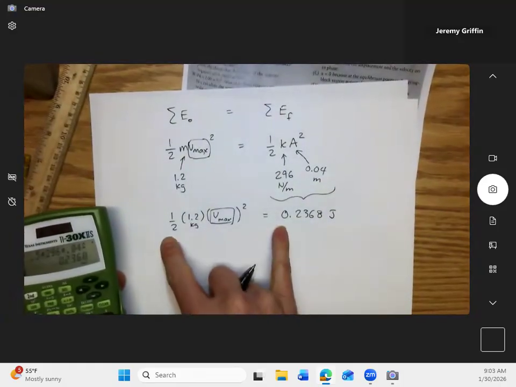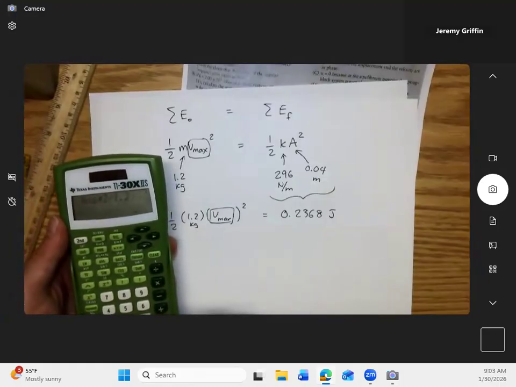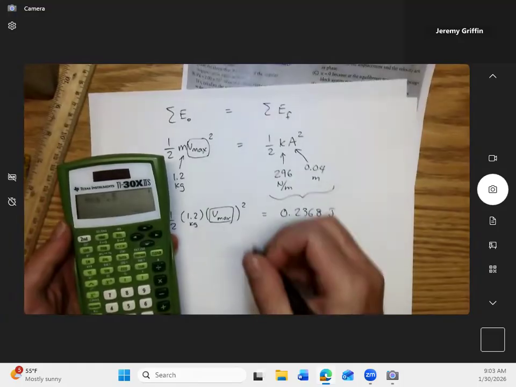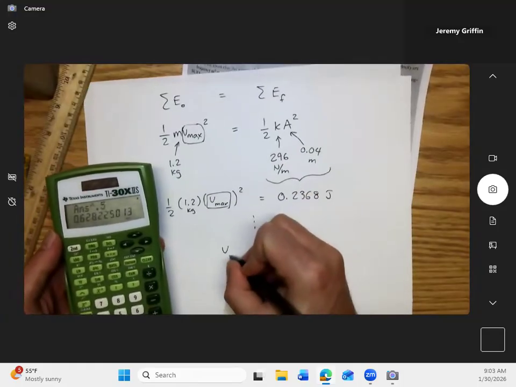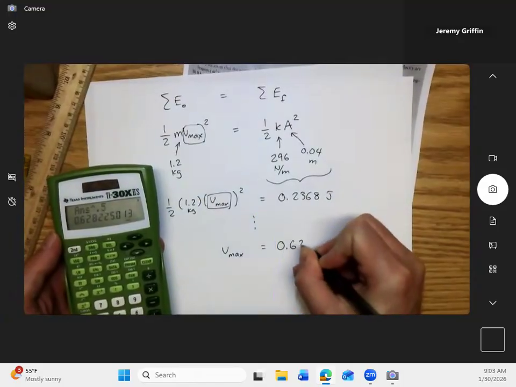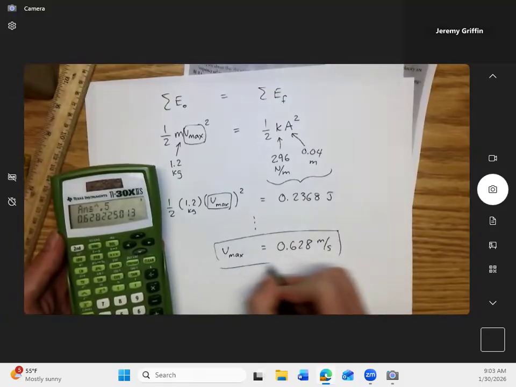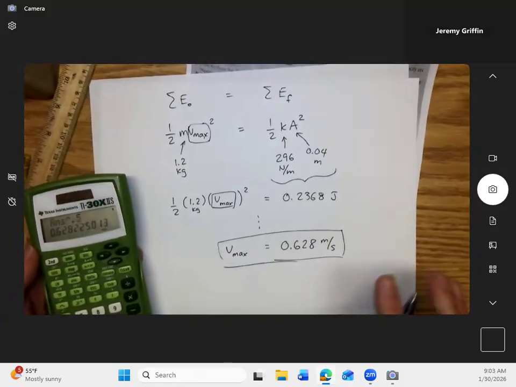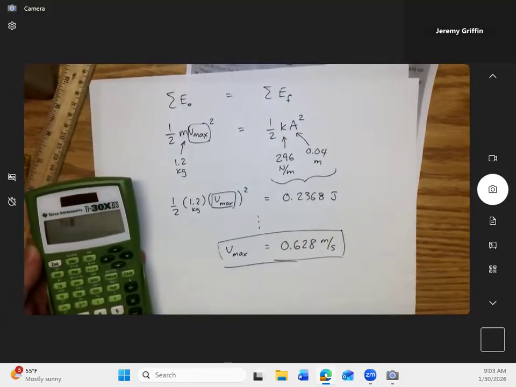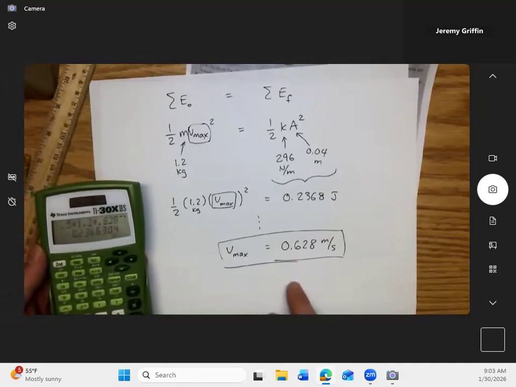I can do times 2 over 1.2 and then take the square root. So v max is 0.628 meters per second. Are you guys getting the same thing? You guys checking my work? Yeah, that's right.